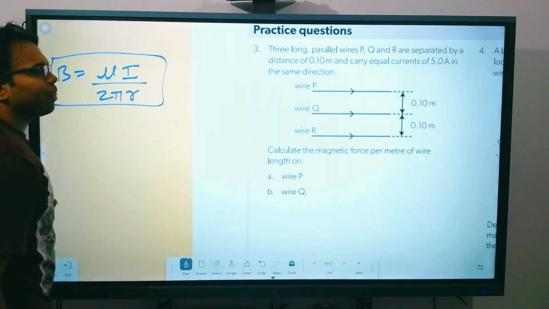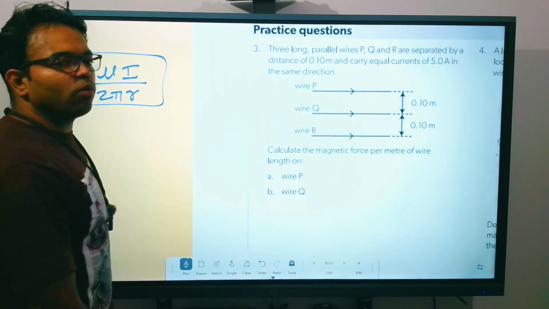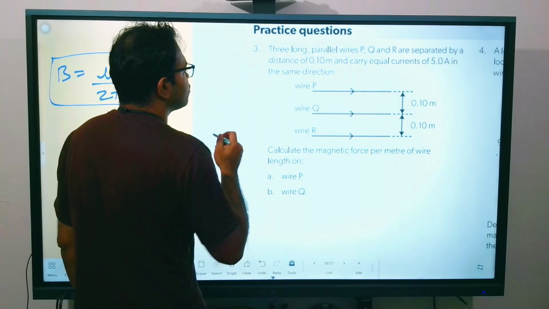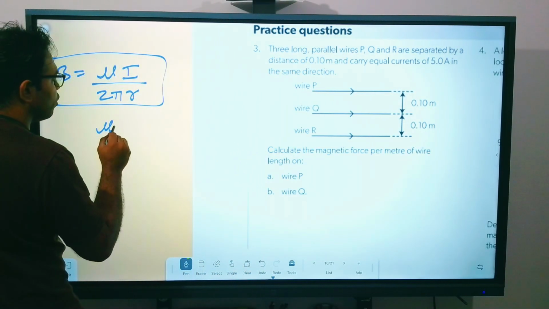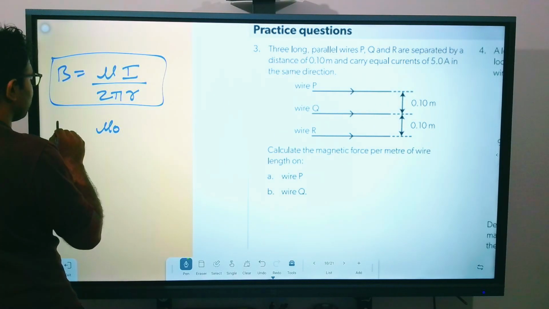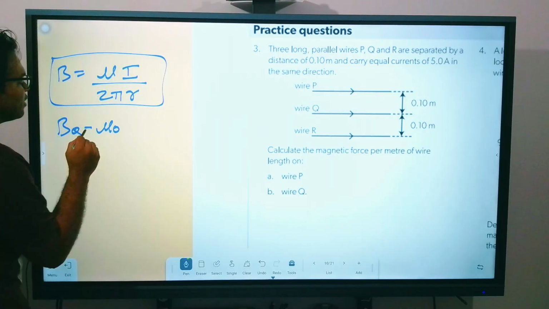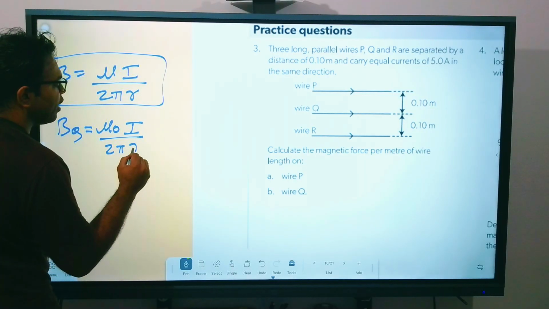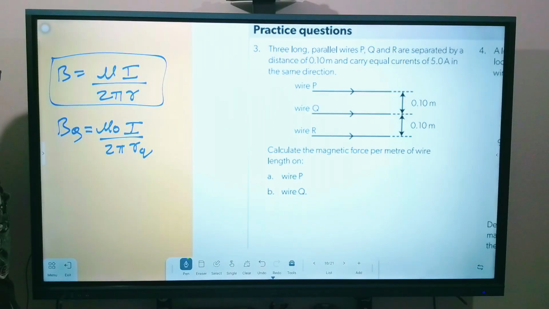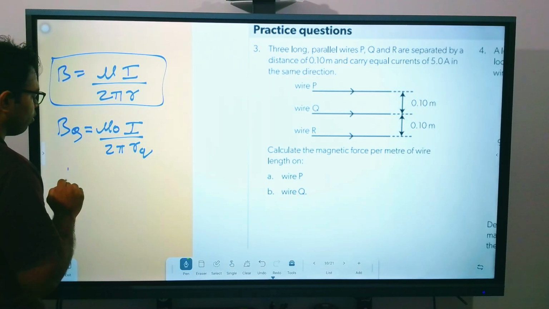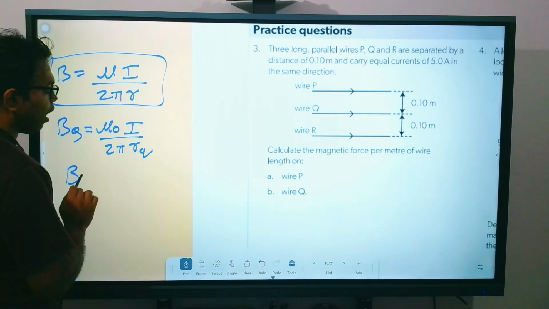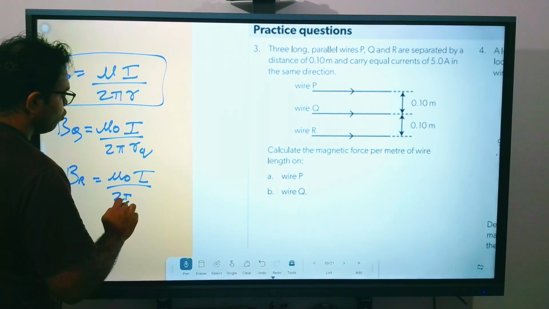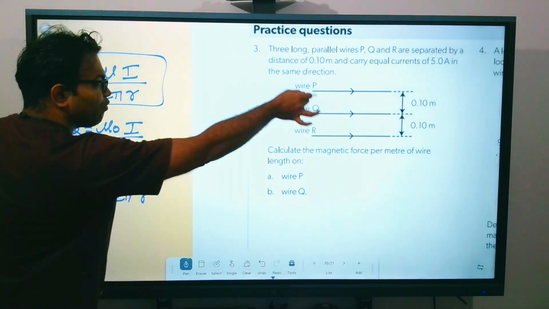Now let's use this formula for the wire Q. For this wire Q, the distance is 0.1 meters. So the magnetic field due to Q is equal to mu naught I upon 2 pi r of Q. Now, B of R is equal to mu naught I upon 2 pi, the distance of R from P.